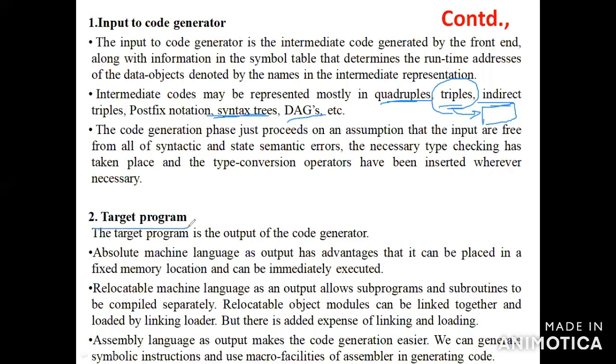So in the target program, you first have to write about object code. We have three object code forms: absolute code, relocatable machine code, and assembly code. These three are the output of the given program, and you have to write them.